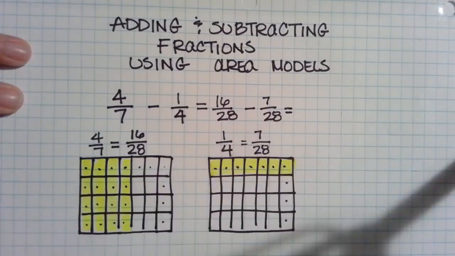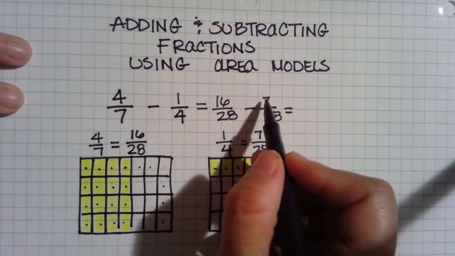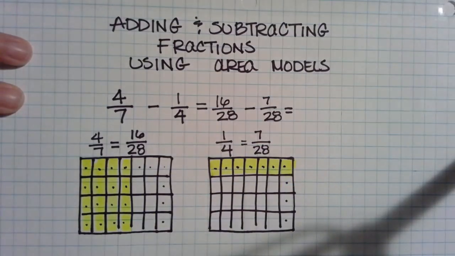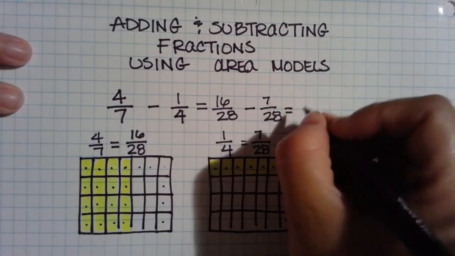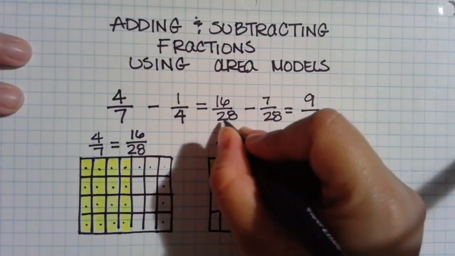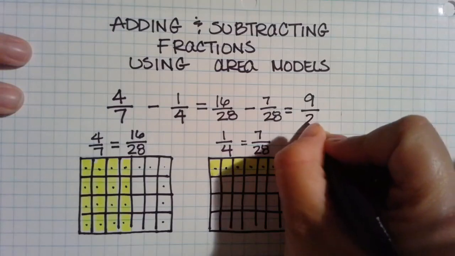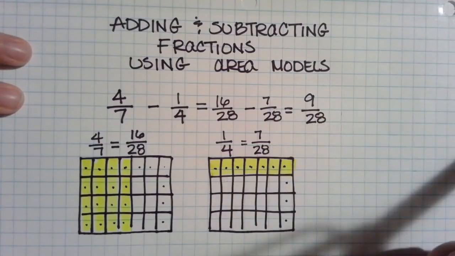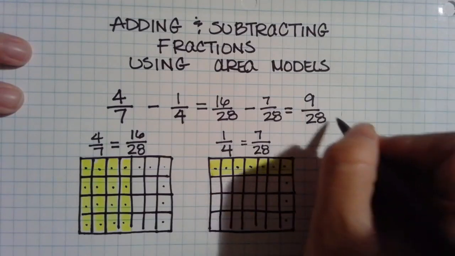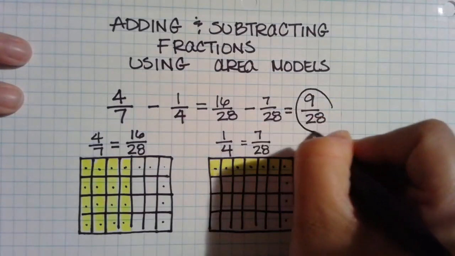Okay, and now I just have to find my numerator by subtracting 7 from 16. Okay, and so that gives me 9, and my common denominator stays the same. I don't want to change it. Okay, and so that gives me 9/28, and that is my answer.